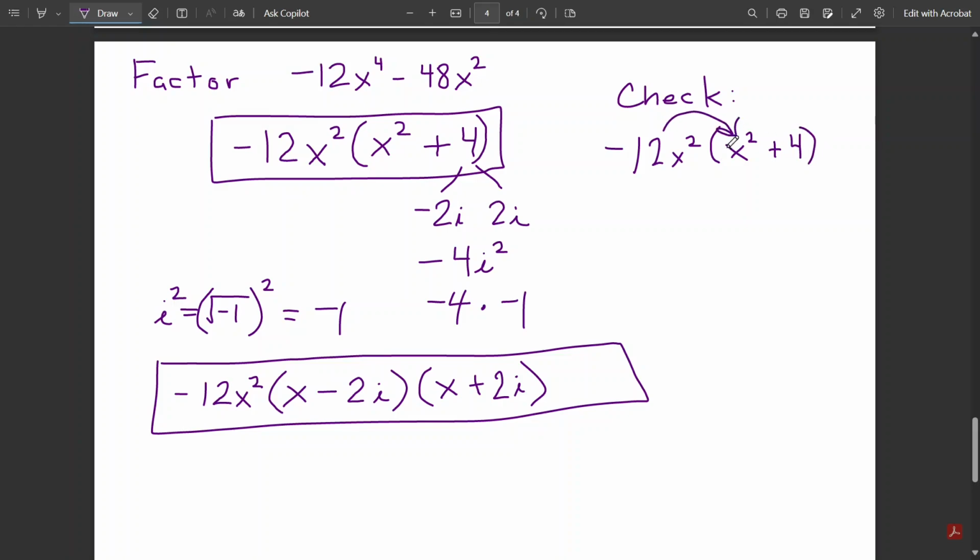Negative 12x squared times x squared is negative 12x to the fourth. So that first term checks out. And then negative 12x squared times 4 is negative 48x squared. So the second term checks out and our solution checks out.